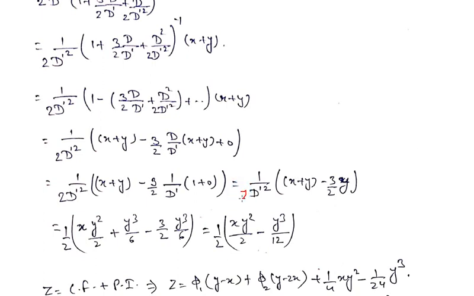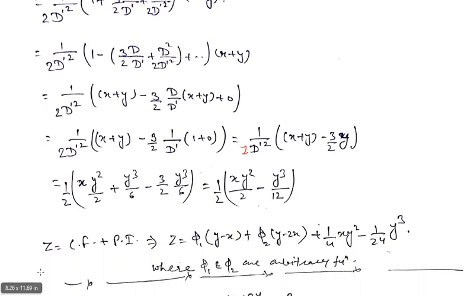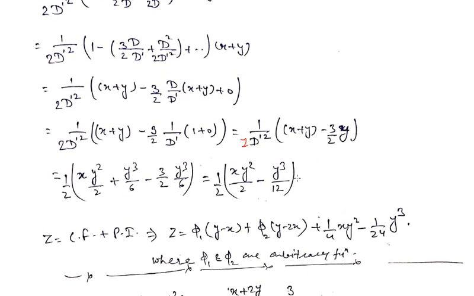So it becomes 1 by 2 x y square by 2 minus y cube by 12, so the general solution will be CF plus PI, which is z is equal to phi 1 y minus x plus phi 2 y minus 2x plus 1 by 4 x y square minus 1 by 24 y cube.